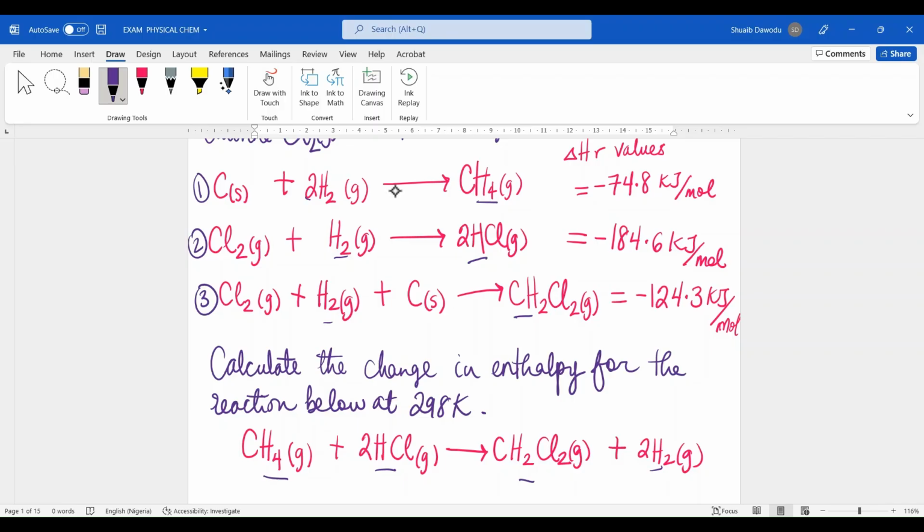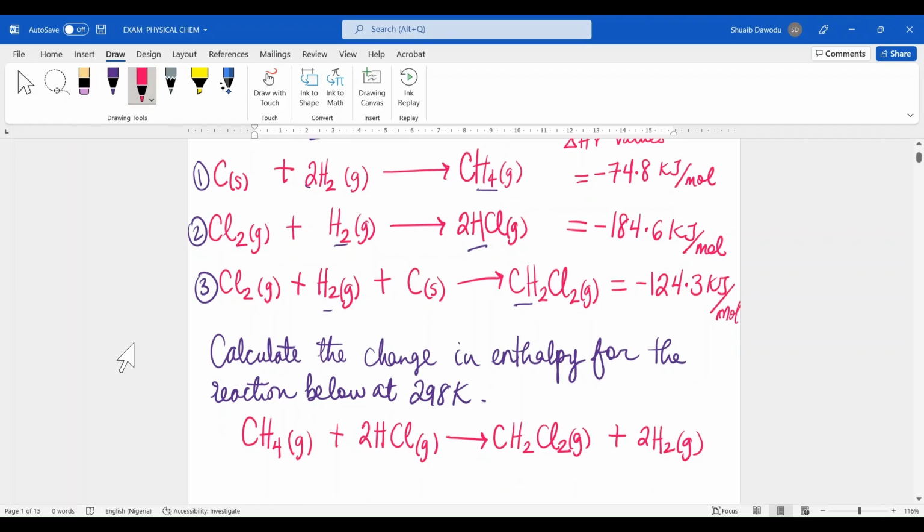So basically, the change in enthalpy for this reaction is going to be the sum of the different reaction 1, 2, and 3 steps in this whole reaction. That's what it's teaching us. We're going to apply Hess's law, understanding, and of course some math to solve this question. So I just wanted everyone to be on the same page.